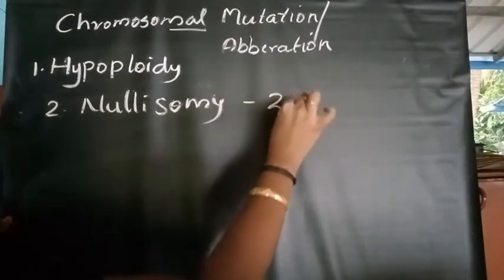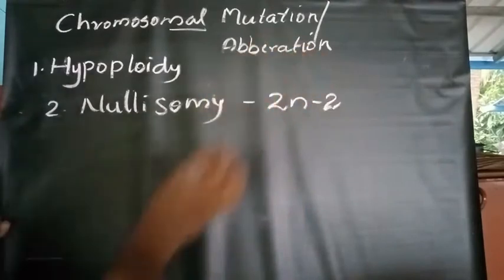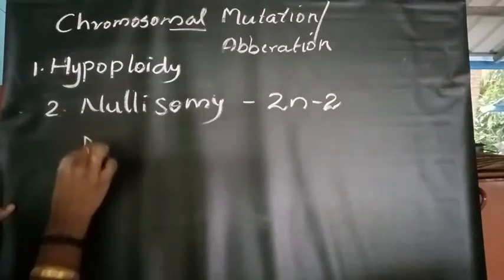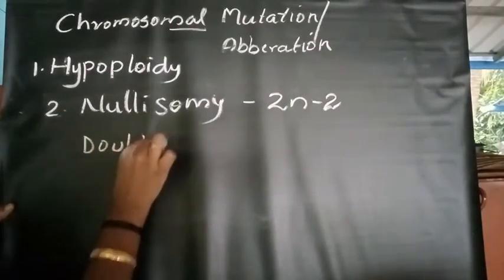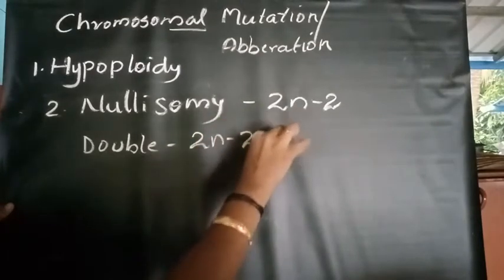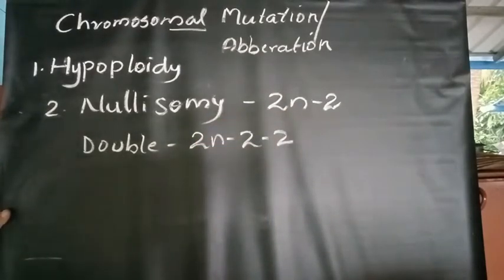That is called nullisomy, 2n-2. Then double nullisomies are there. Double nullisomy means two entire pairs of chromosomes are eliminated, 2n-2-2.